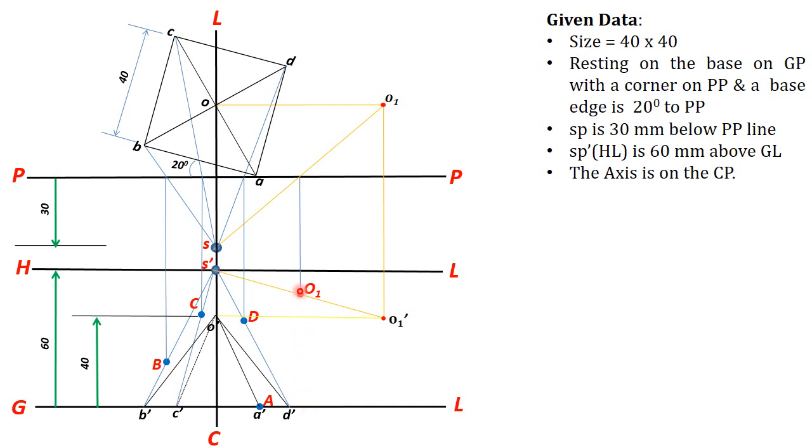Then now, to get the original perspective view of point O, transfer back this point to the original visual ray, that is S dash O dash. Okay, just draw a parallel line from O1 to this original visual ray S dash O dash.